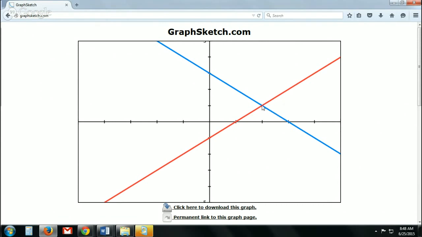So what could we say about this spot where the two points overlap? That's right. It's a solution for both of the equations. Now, that point where the two lines are overlapping, the ordered pair that matches up with it, it's 2, 1. The x value is 2. The y value is 1.